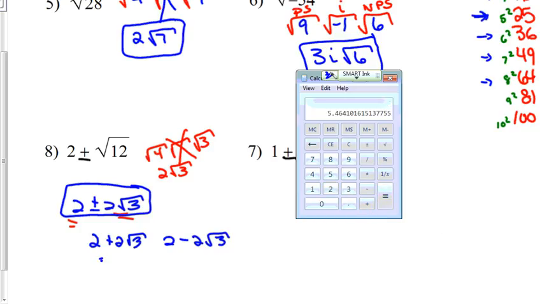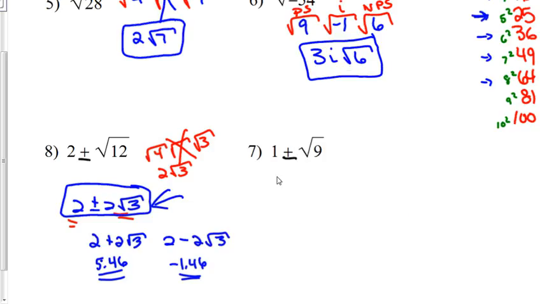So this answer is 5.46 as a decimal. And the other one, the square root of 3 times negative 2, and we'll add 2 to that. And for this one, we would get negative 1.46. So if this was an actual word problem, we would want those answers. But it's not a word problem, so we leave this as our simplified answer. Okay, so to recap really quick, the only time you use decimals is in a word problem.